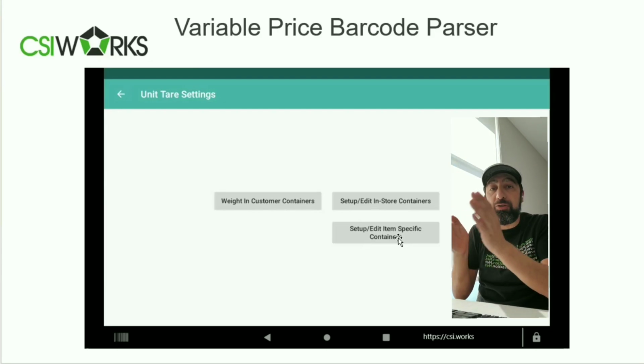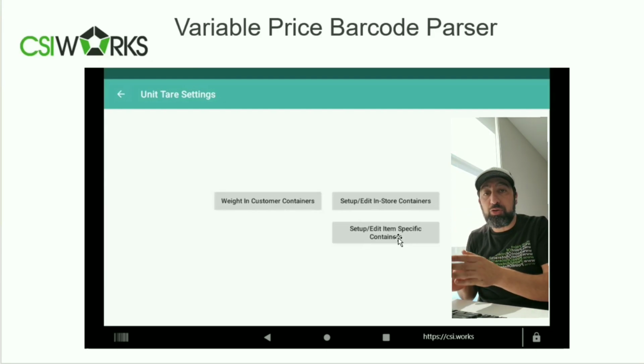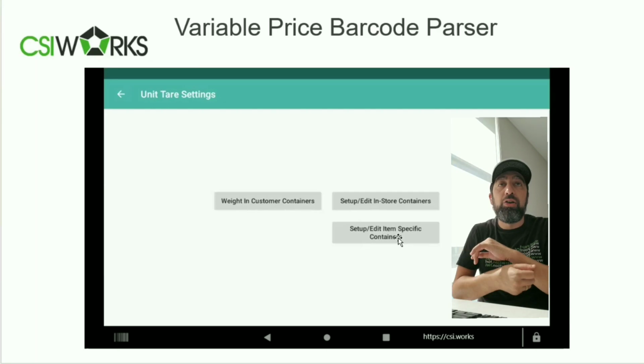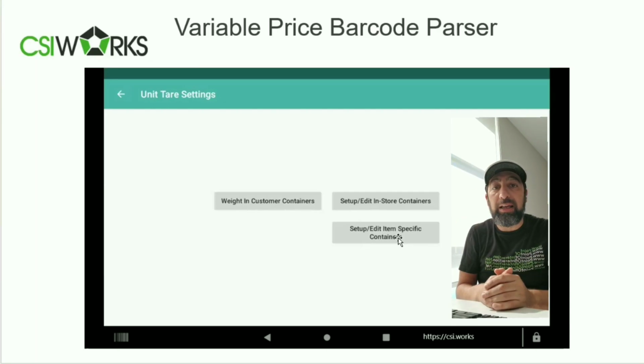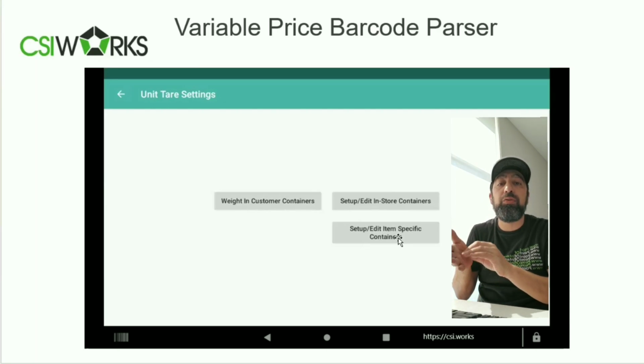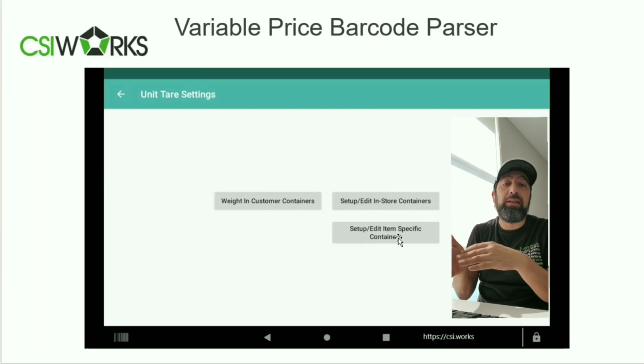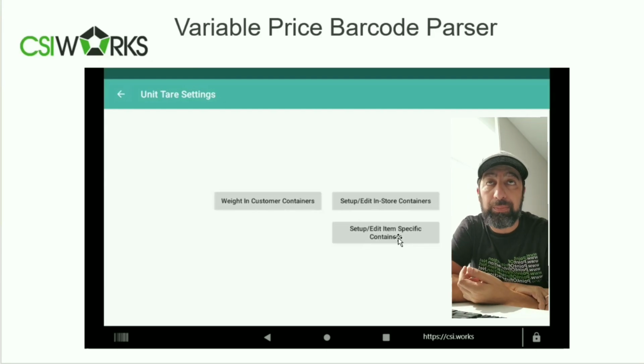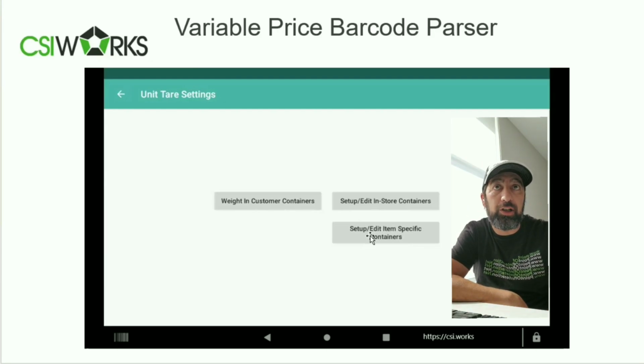You can say this container belongs to these items, that container belongs to these items, and then you could just define all that in this app here, and when you're checking customers out, the weight of the container is automatically removed from that item when it's scanned or weighed on a scale, because you've defined it here.